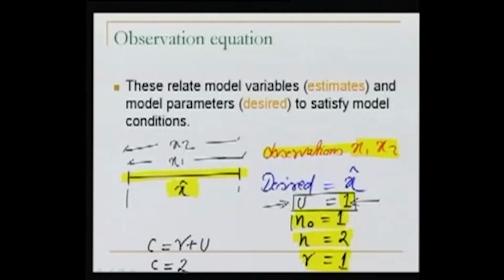Now in this case, the total number of observation equations that we can write is equal to C, where C is R plus U. Over here in this example, C is equal to 2, because we are including the model parameters also in our least square solution, in writing these observation equations. So we will need to write C number of observation equations. Now how do we do it, particularly in this example?